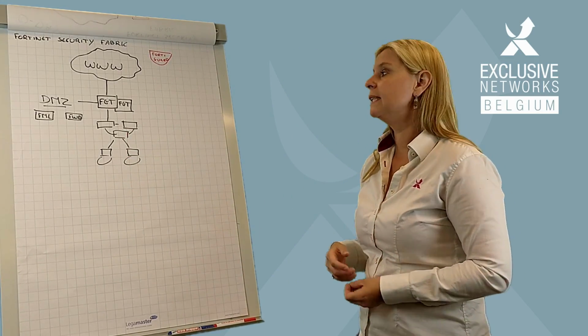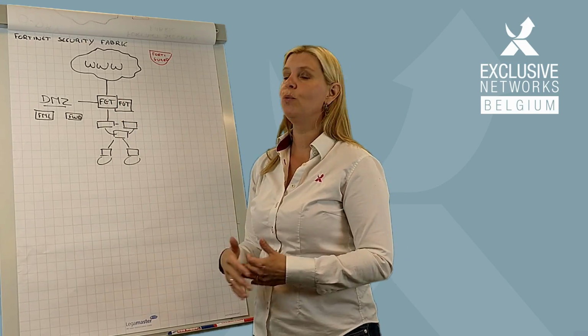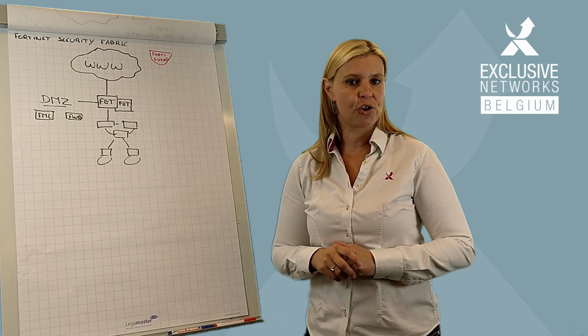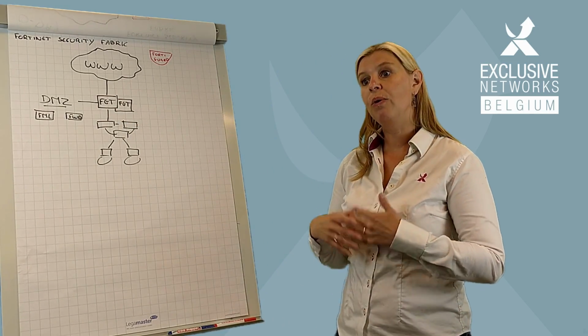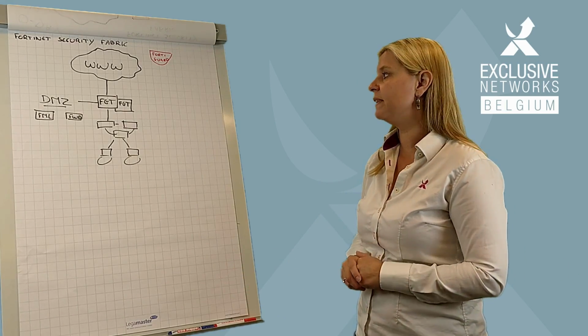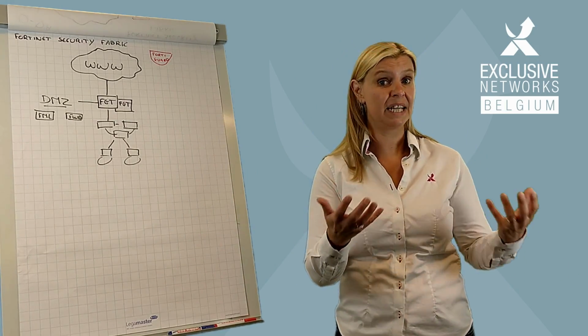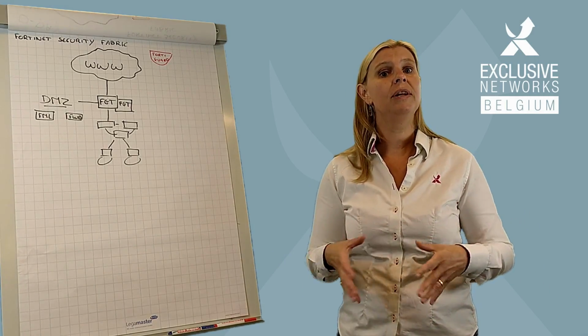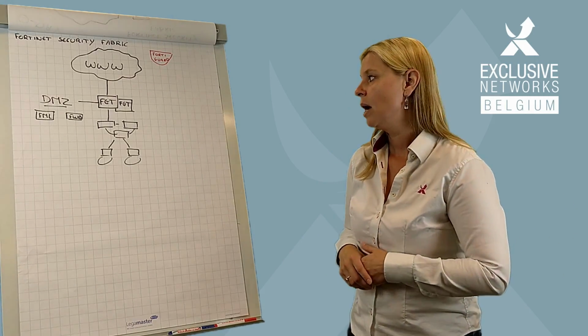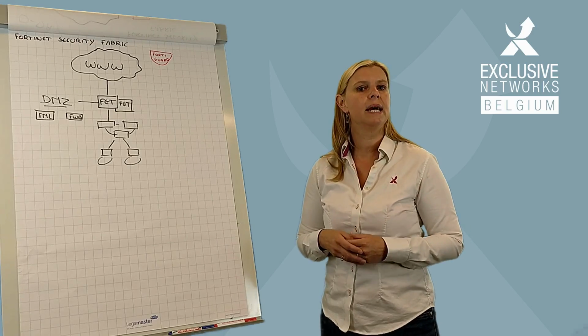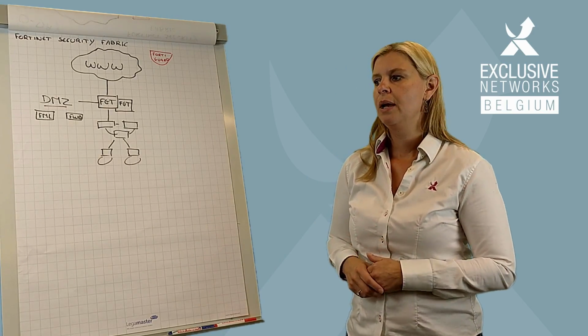So first of all, the FortiGate we want to position is a next generation firewall. So what is a next generation firewall nowadays? It is the consolidation of different security technologies into one intelligent appliance. Why? Because security has become very complex.